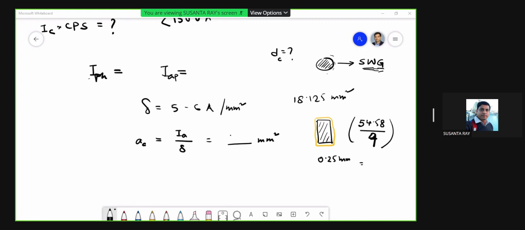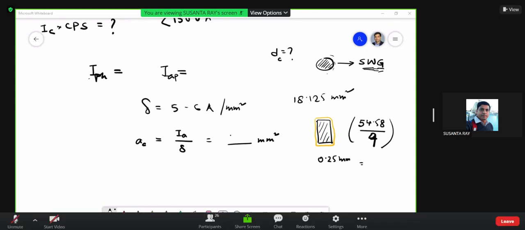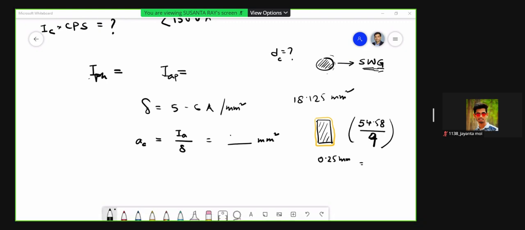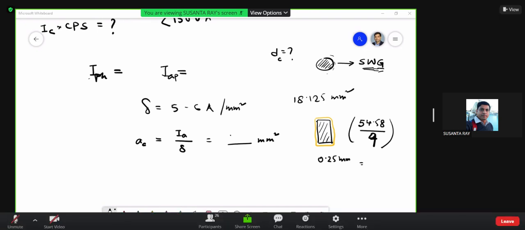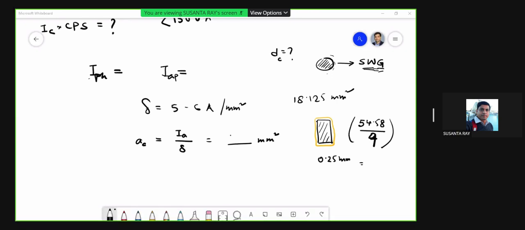I am saying that for larger machines, generally we prefer rectangular bar, not the round wire. If we go for the rectangular bar, we get some economic advantage from the machine instead of using a round wire.